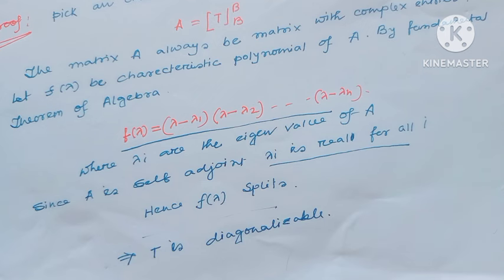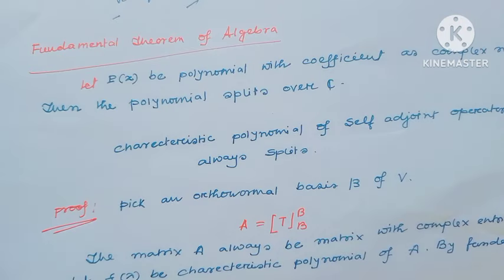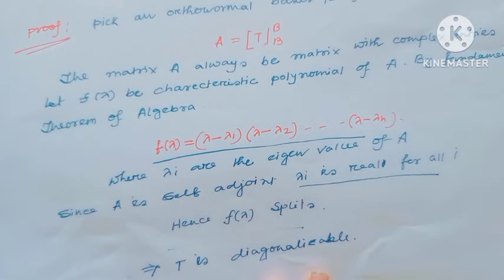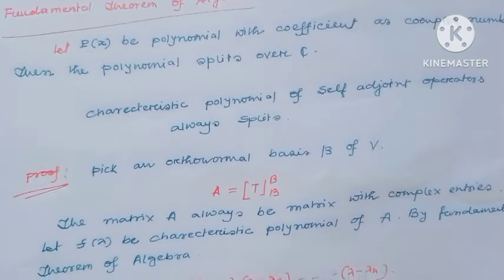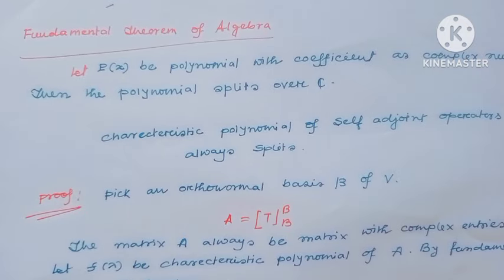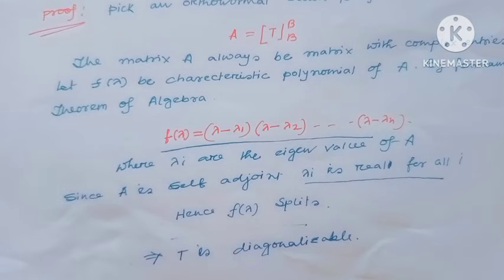Either it is a complex self-adjoint operator or a real self-adjoint operator, so by the fundamental theorem of algebra we can tell the operator T is always diagonalizable. That means a self-adjoint operator is always diagonalizable. And in my previous video I showed that the eigenvalues of a self-adjoint operator are real.